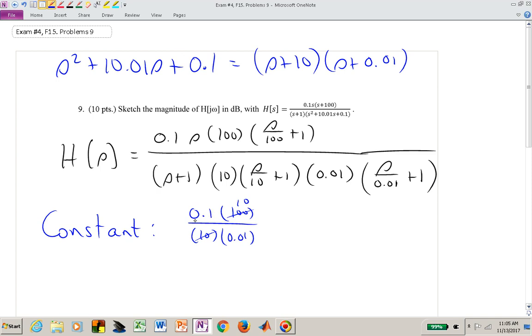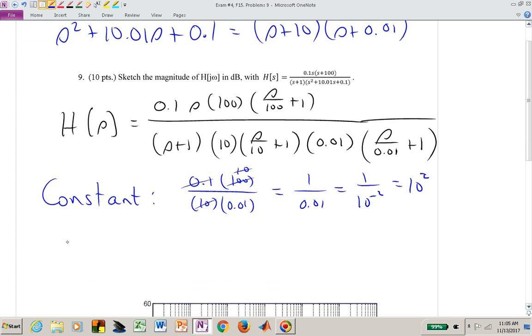In fact, this 0.1 will cancel one of those, and we can do it many different ways. We could say that this cancels that, and we have 1 over 0.01, or 1 over 10 to the minus 2, so we now have 100 for our gain.